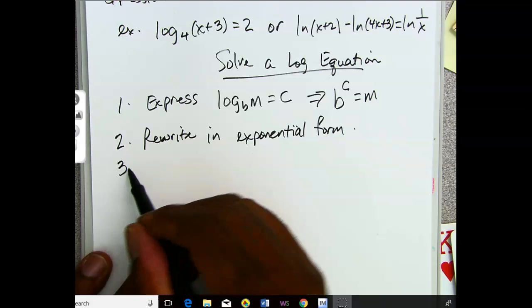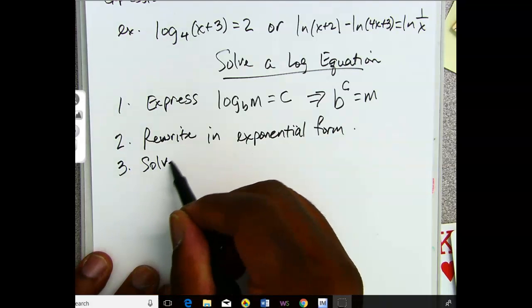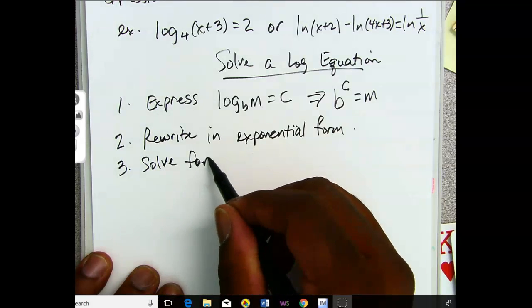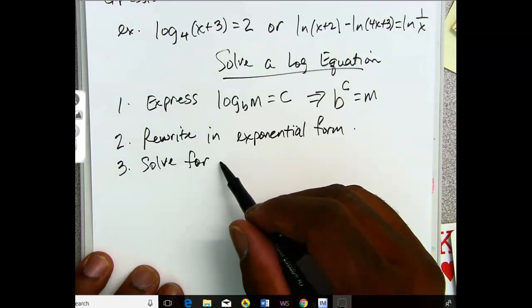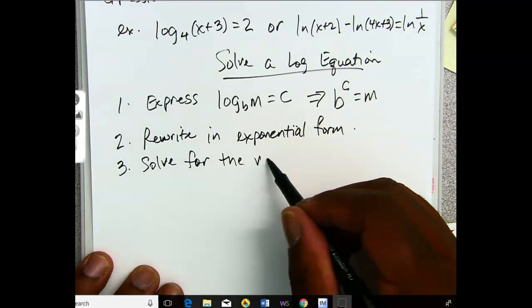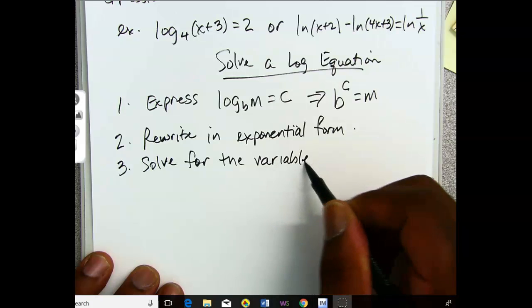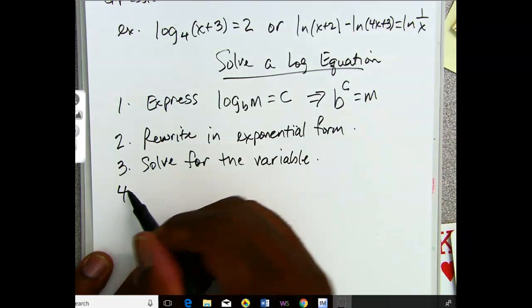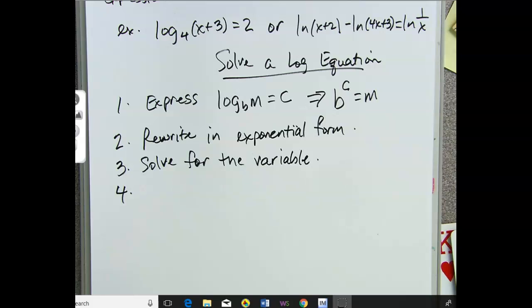Step 3. Solve for the variable. And so once we rewrite it in exponential form, then we're going to solve for the variable.